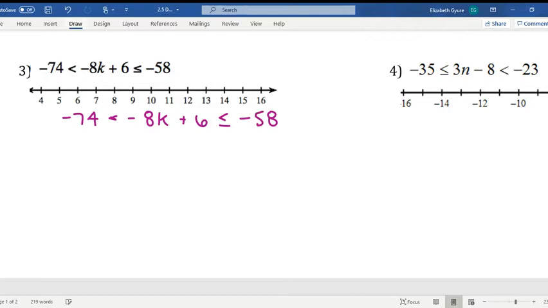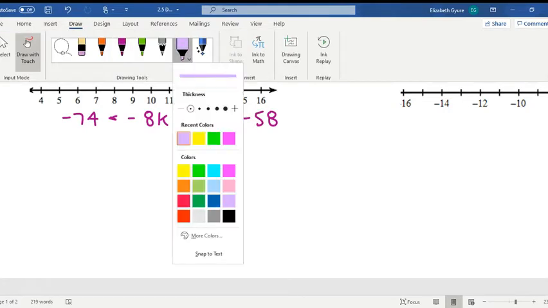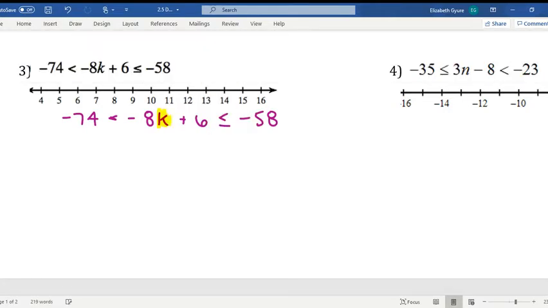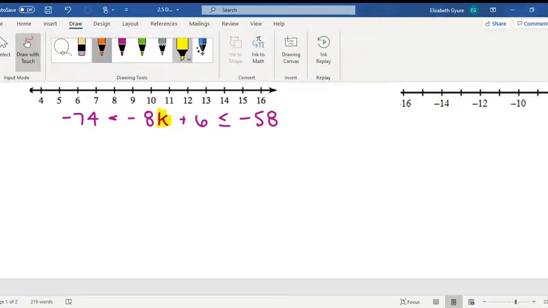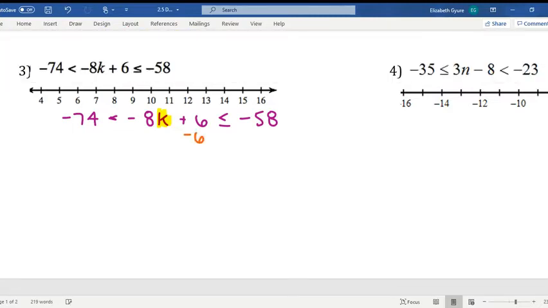All right, we want to get k all by itself in the middle. So we have negative 8k plus 6. Treat this just like a normal equation. What would you do to get rid of that 6, Lynn? Very good. We would subtract 6. Subtract 6 from the middle, from the left, and from the right.